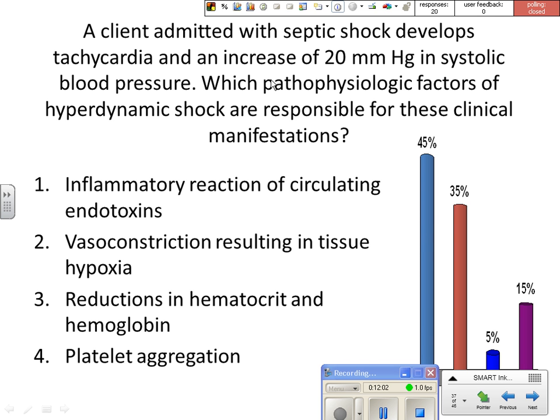Once those endotoxins cause capillary damage and we start having capillary leak, then that blood pressure is going to start to go down. So it's the inflammatory reaction of the endotoxins.